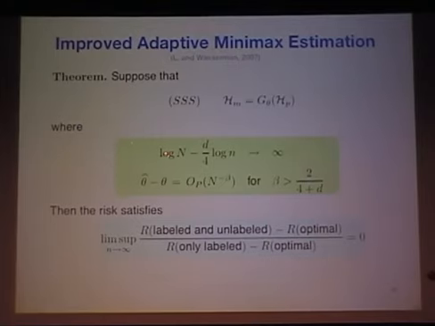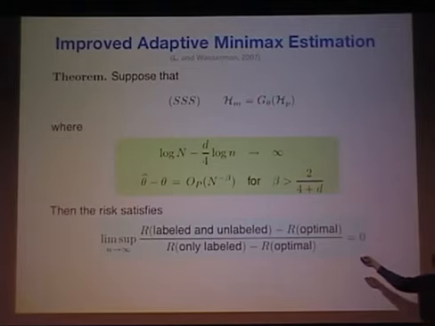Now I'm going to assume that the logarithm of the number of unlabeled points, minus d, the ambient dimension, times the number of labeled data points goes to infinity. So I need more than d log n unlabeled points. I need two things: this amount of unlabeled data, and I need to estimate this parameter, theta, at a sufficiently fast rate.